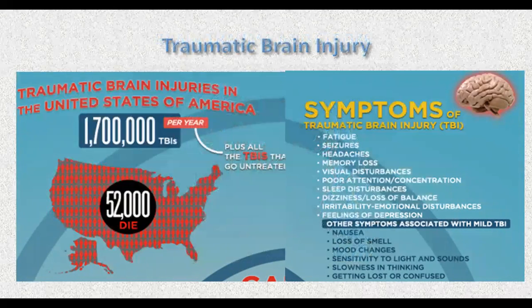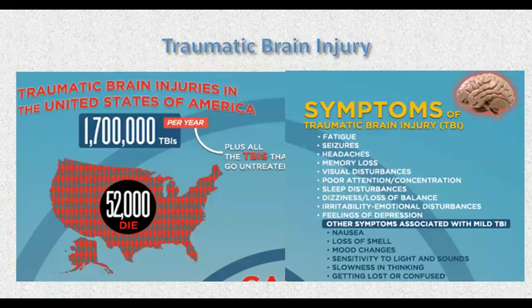These are extremely common. The estimate is that there are 1.7 million TBIs per year in the US, of whom 52,000 will die. It's obviously not a chronic disease state, it's an acute trauma.